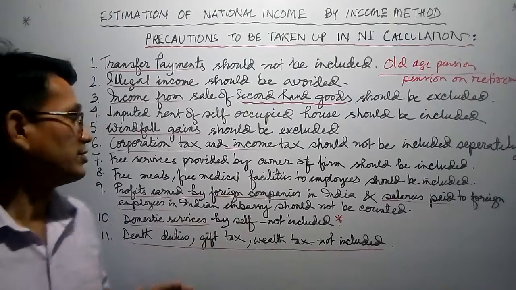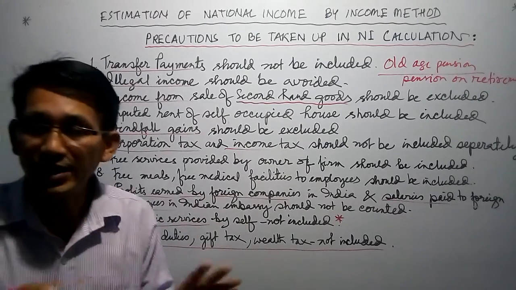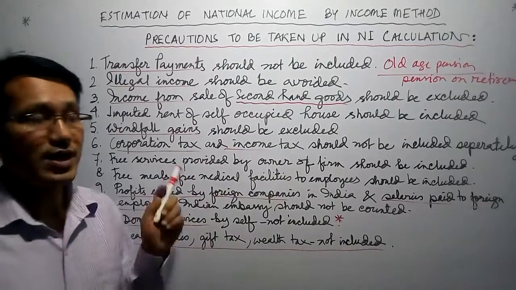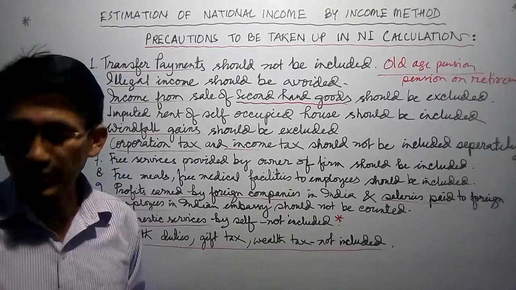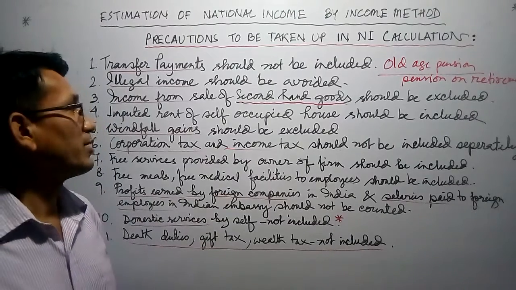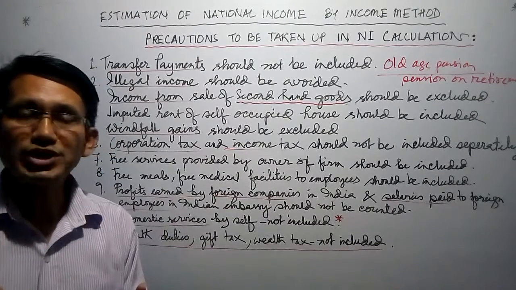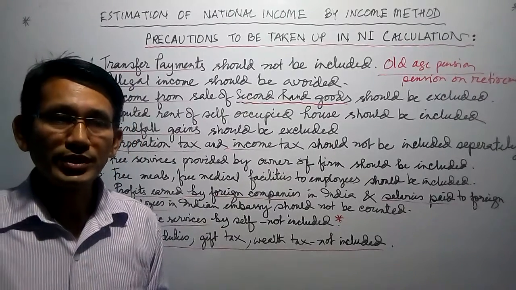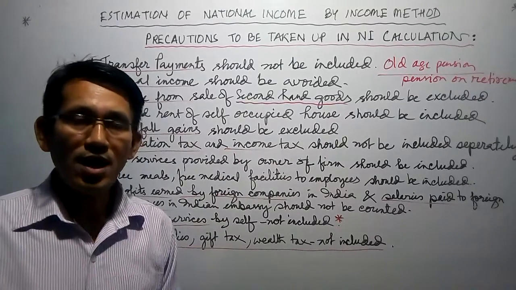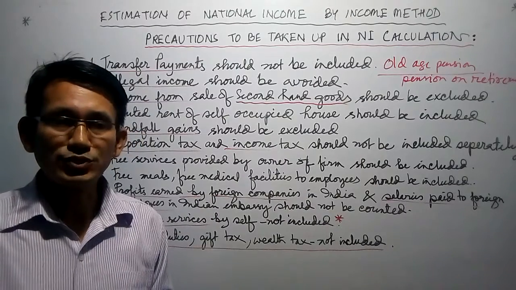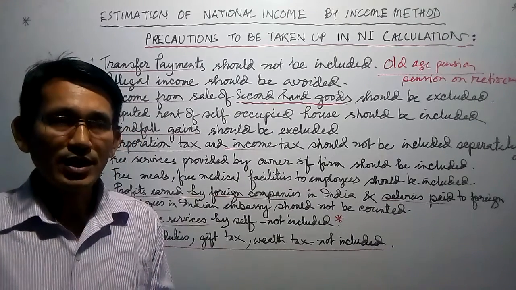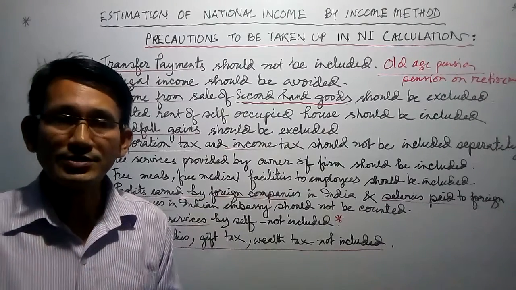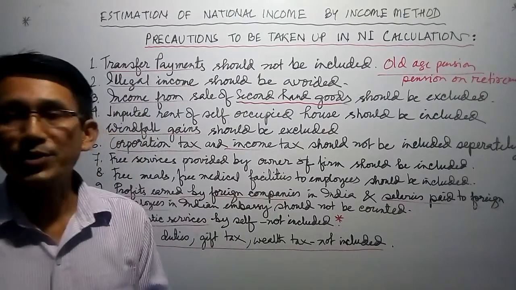So we have so many items, some 11 or 12 items, and we have just understood which items are to be included and which are to be excluded. For that we have to know the components of the factor incomes earned, which we have already discussed: the compensation of employees, the mixed income of the self-employed, and the operating surplus.